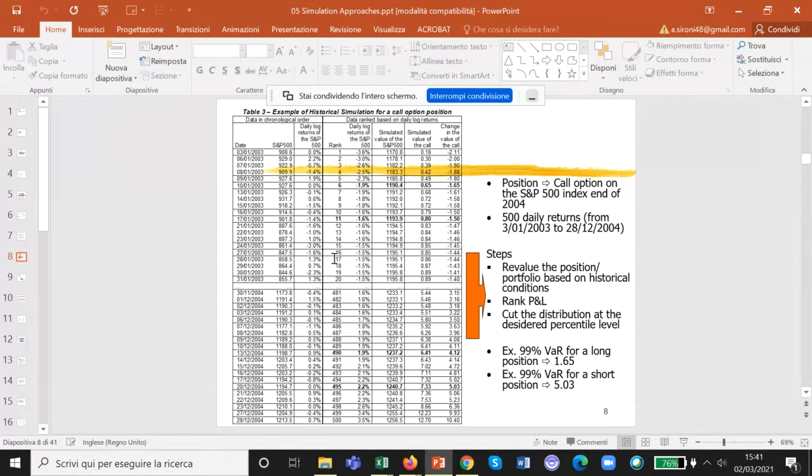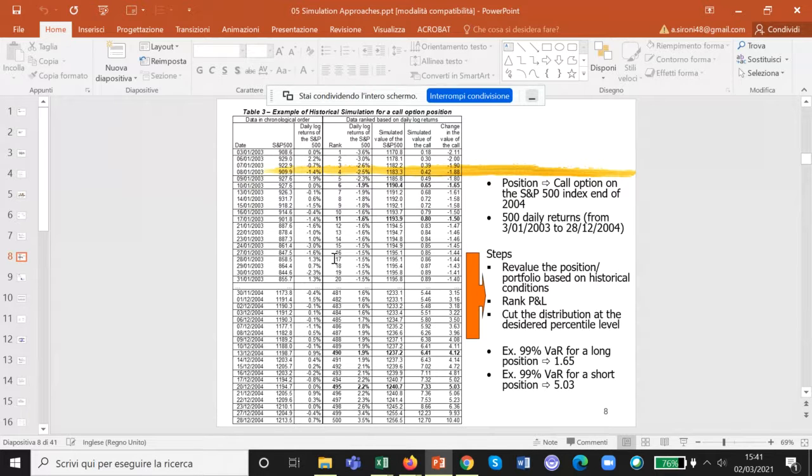At the other extreme of the table, in the bottom part, you can see that the best return would have been a plus 3.5%, and with that kind of return, the value of the option would have increased by 10.4, okay?